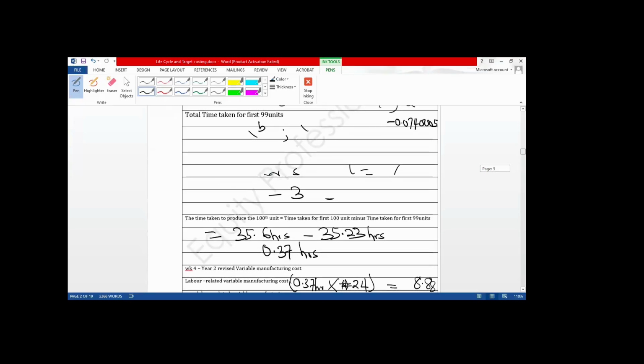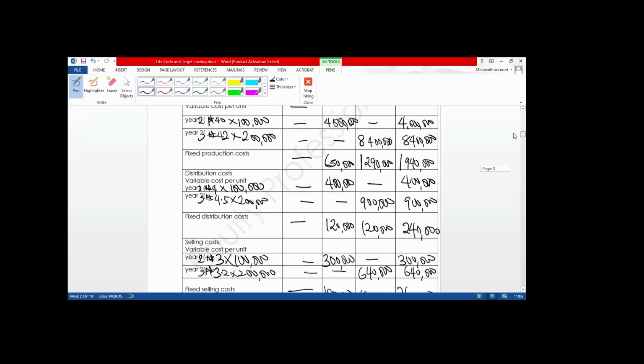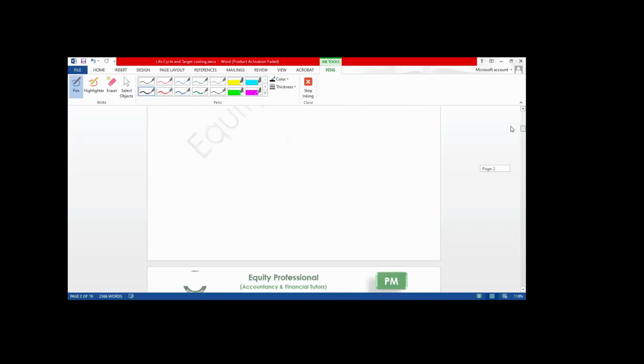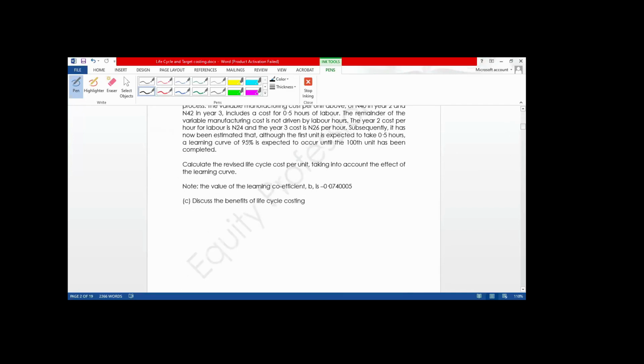The question says, give me a revised life cycle cost per unit at a point where you have gotten to 100 units.